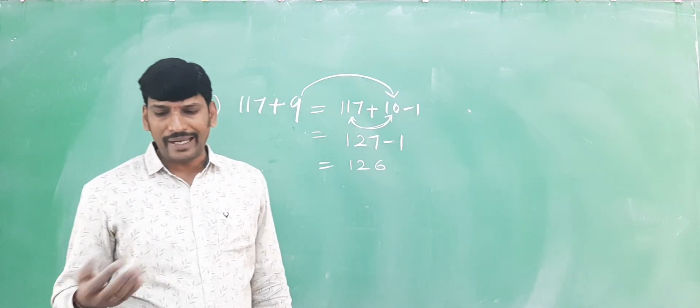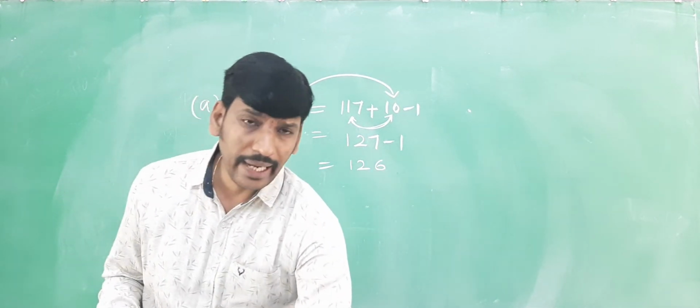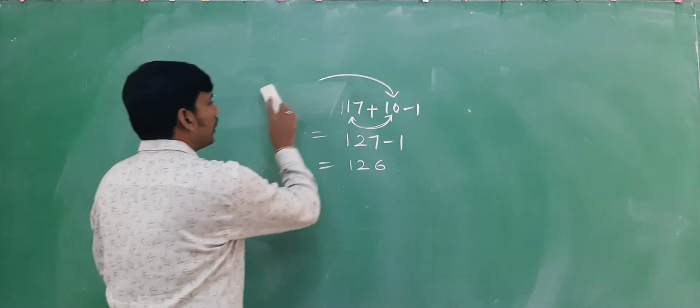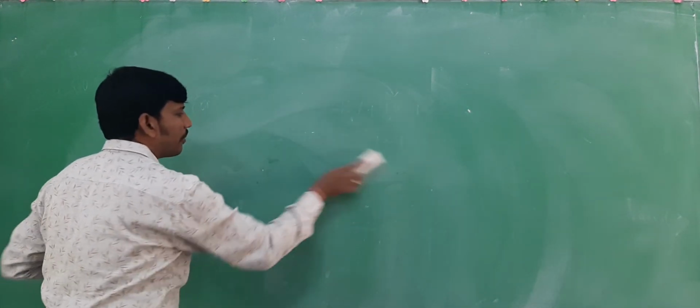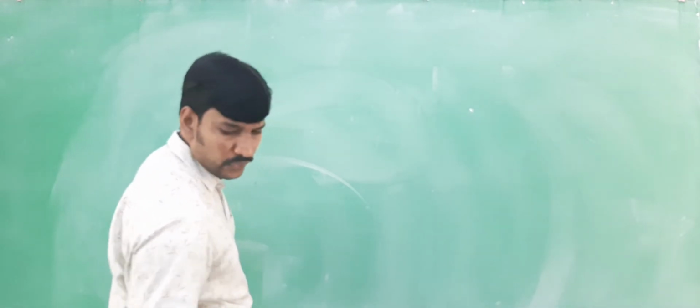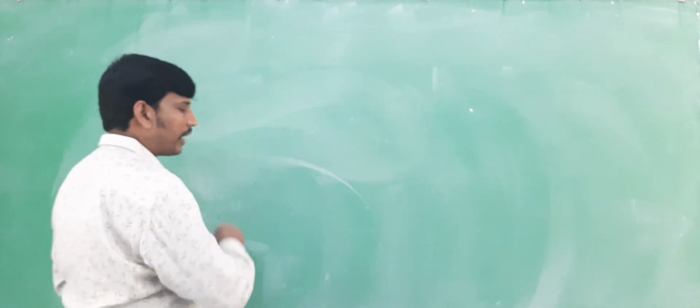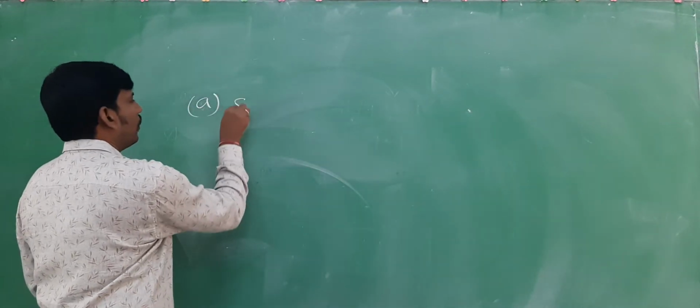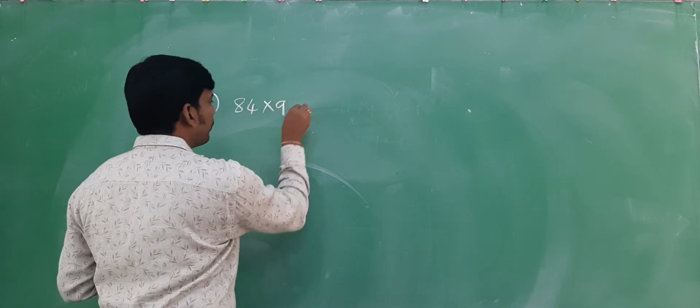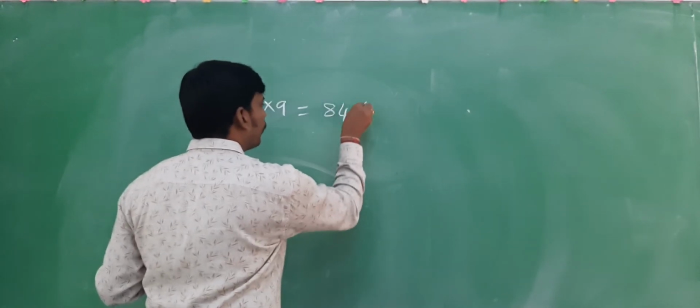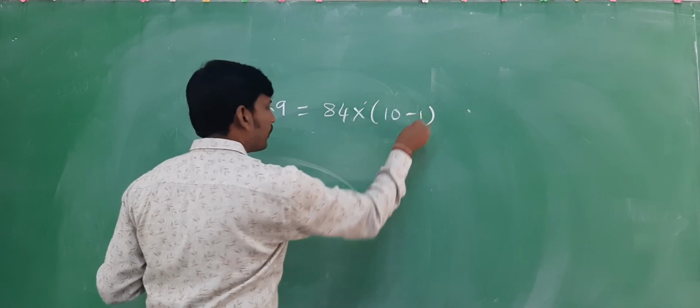Now coming to the next pattern, 84 into 9. Here addition and subtraction is over. Coming to the multiplication, 84 into 9. This can be written as 84 into 10 minus 1.